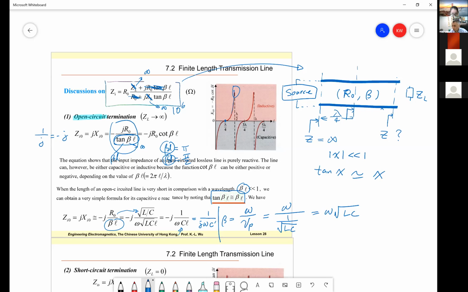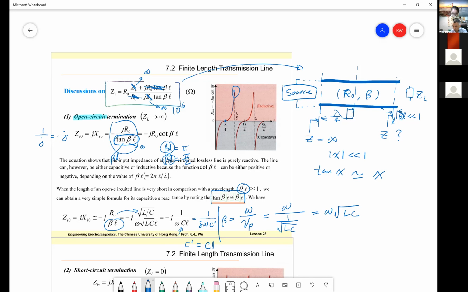But we know the total length, even though it's very small, is L. So beta L is very much smaller than 1. So the total capacitance, C prime, is the capacitance per unit length multiplied by the total length L. This is the total capacitance. Does this look familiar?